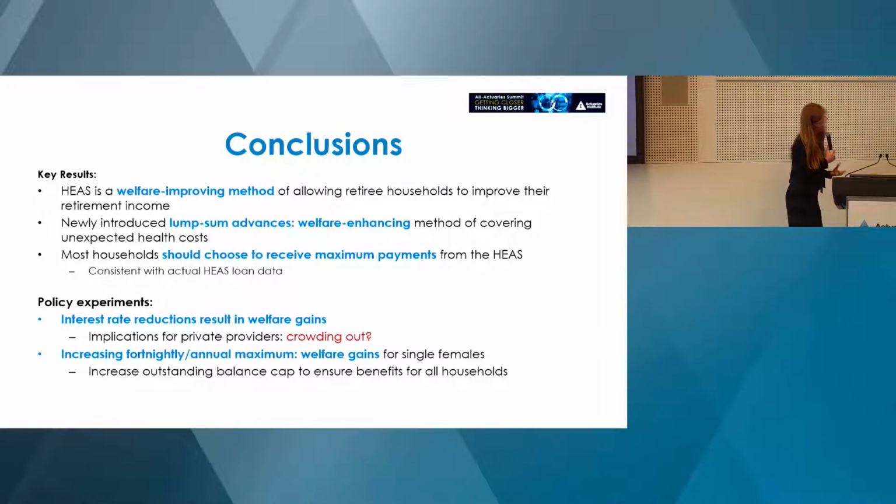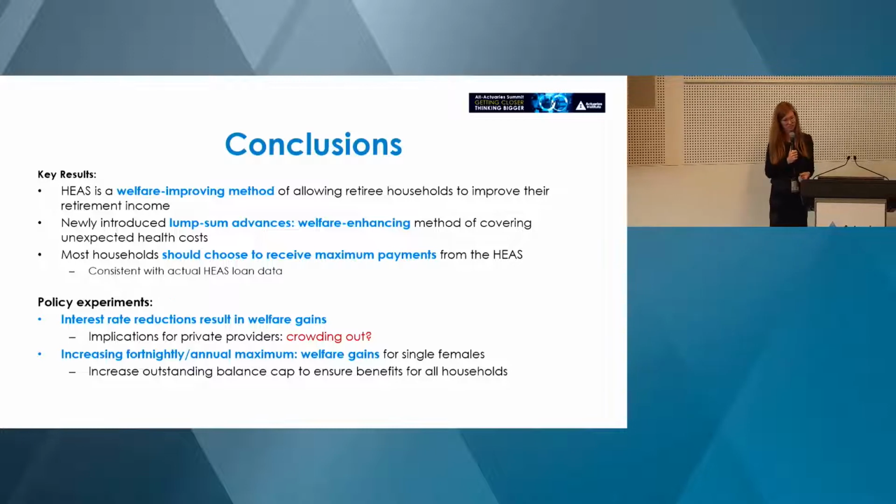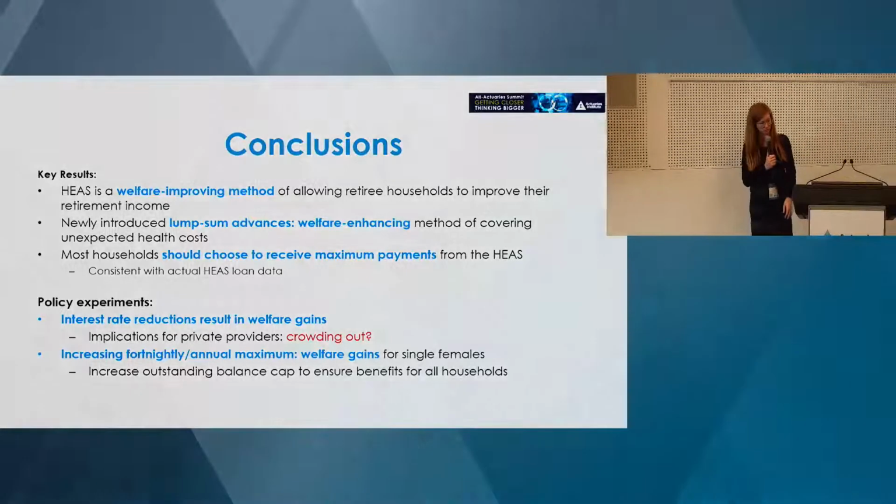We also find that the newly introduced lump sum advances are a good method of covering unexpected health costs. And we find that most people should choose the maximums that are currently set and take out the maximum loan amounts, which are not that high, because it is just 1.5 times the maximum age pension.